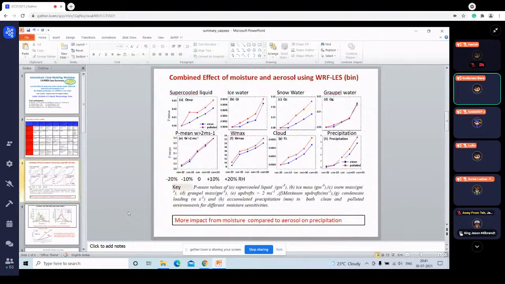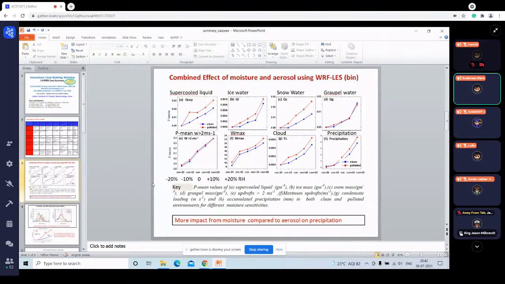This analysis is done by Gayatri, and she is looking at the combined effect of moisture and aerosol using the WRF bin microphysics scheme. These are various cloud parameters like supercooled liquid water, ice water, snow water, graupel water, updraft maximum speed and precipitation.